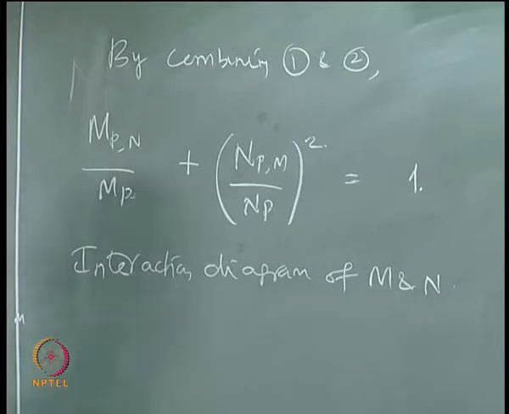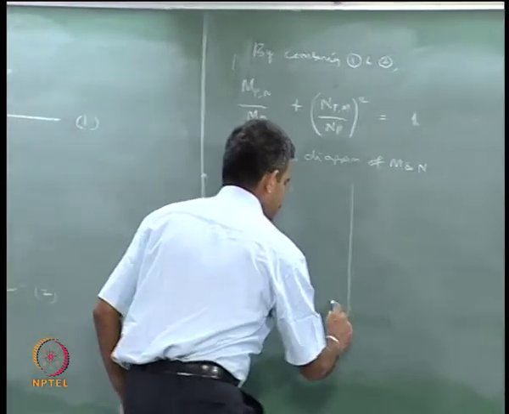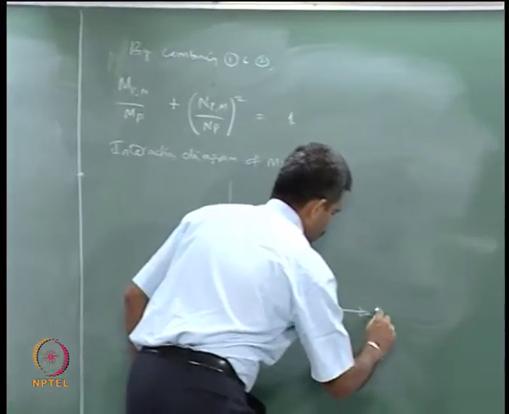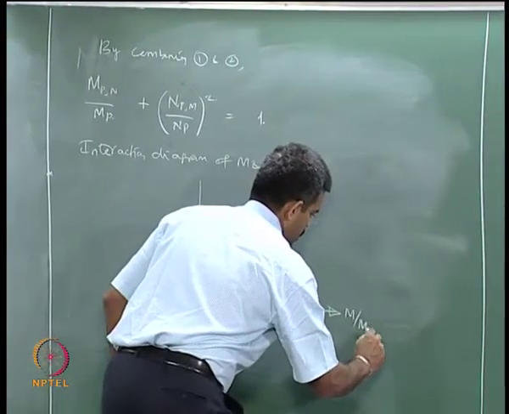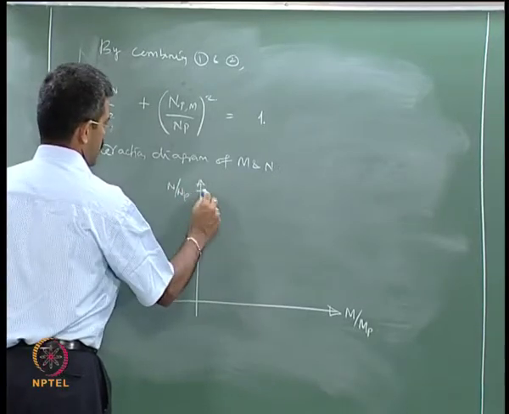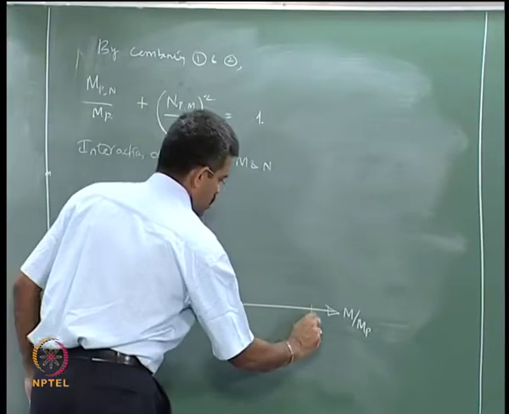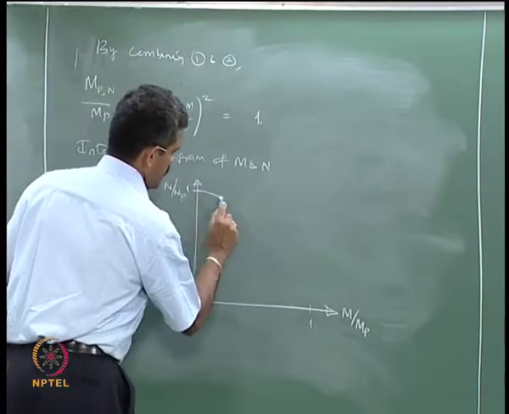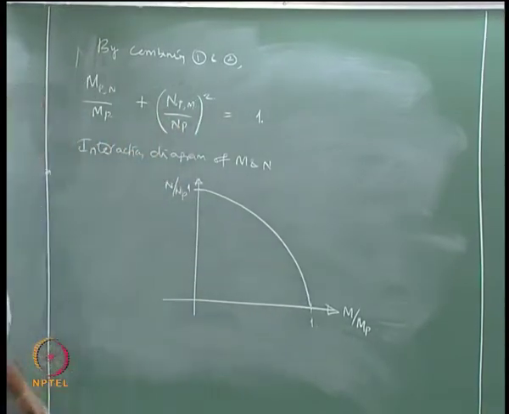You can try to plot this, it will look like this. If you try to plot M by MP and N by NP, and if this value is 1, this value is 1, it looks like this.